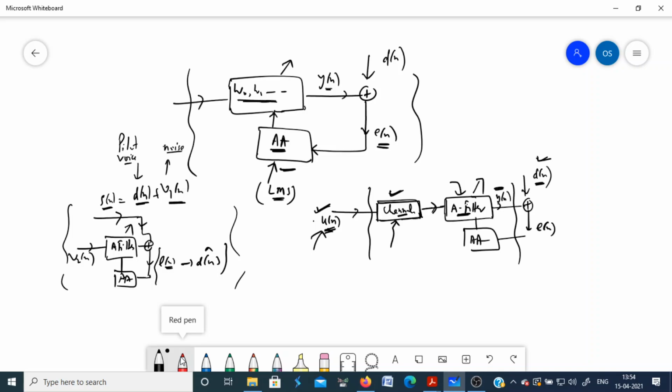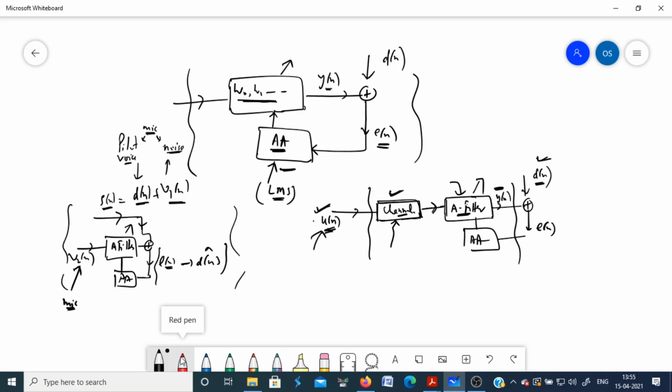We have one microphone here, close to the pilot, and this mic will capture both the pilot voice as well as the noise. Then you place one other mic in the cockpit which is away from the pilot, so that it captures the noise only.